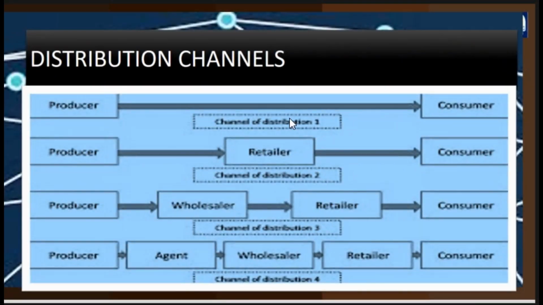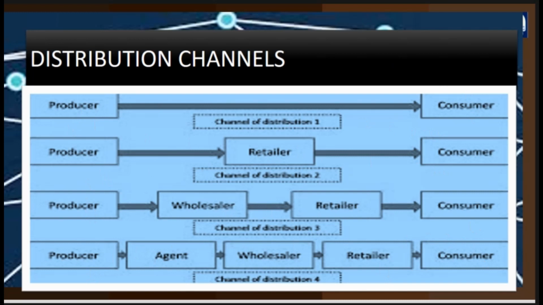The product can reach the customers in a multiple number of ways, that is from producers to consumers, consumers through retailers. It can be like producer to wholesaler, wholesaler to retailer, retailer to consumer, producer to agent to wholesaler, again to a retailer, and then ultimately to customer. More on the distribution channels will be dealt in the next session, so keep exploring on more about this.